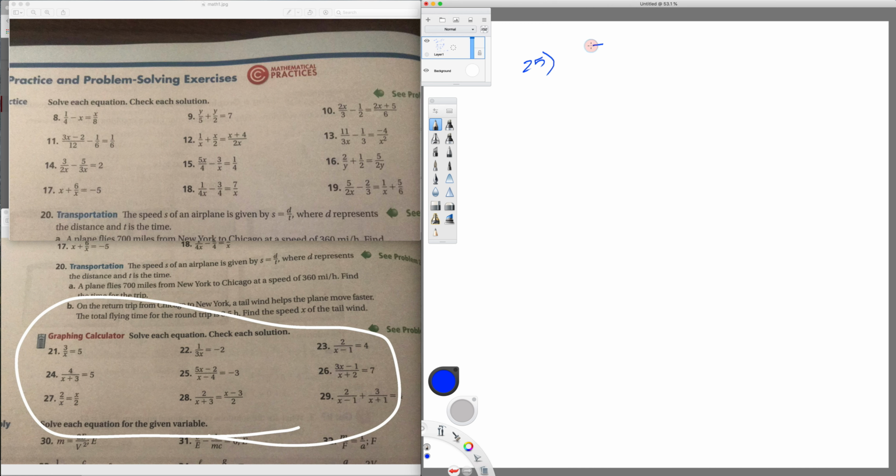25, we have 5x minus 2 over x minus 4, and this equals -3. Now, something I didn't mention on those other ones, I didn't even check, but it's okay because it didn't work out. But each time you get one, you need to make sure that your answer does not make a denominator 0.